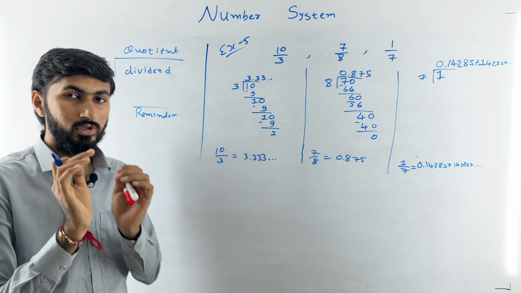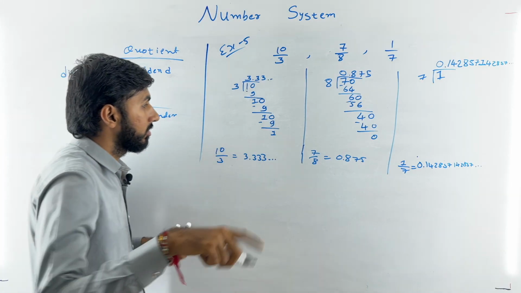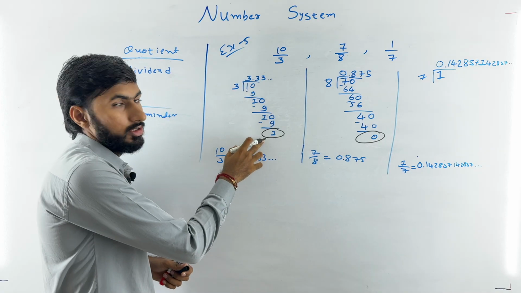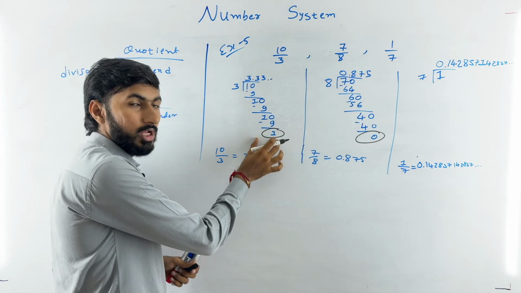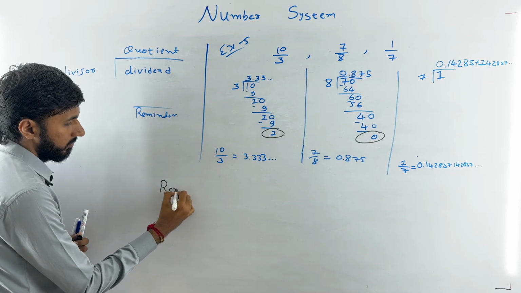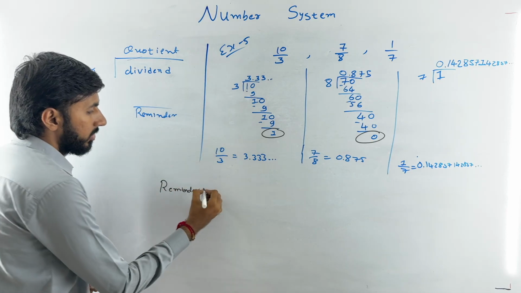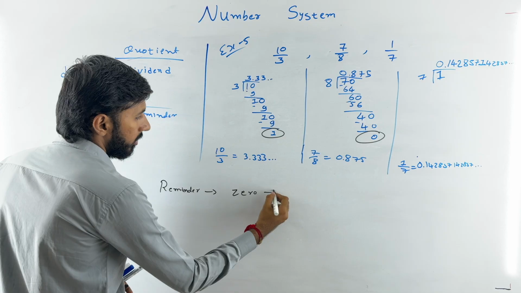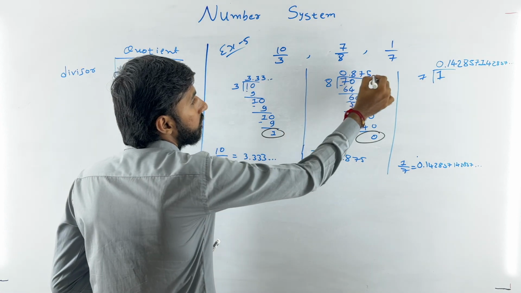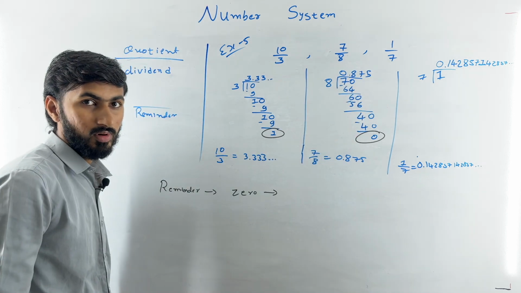Now if you focus on the remainder, you will see that there are two types of remainder. For one, the remainder does not become 0, and here the remainder becomes 0. If the remainder becomes 0, that means the decimal expansion stops at some point. Here you can see the decimal expansion stops after 3 digits from the decimal point, right?